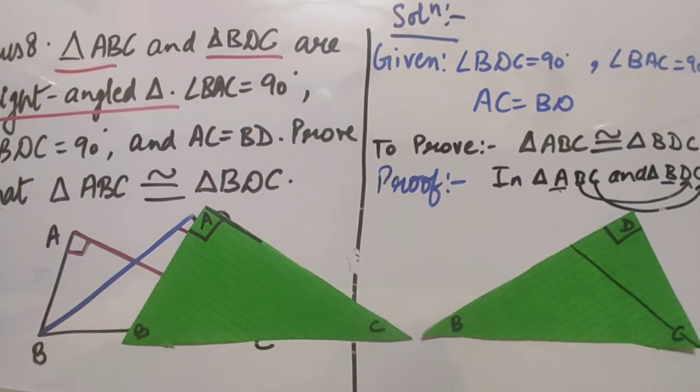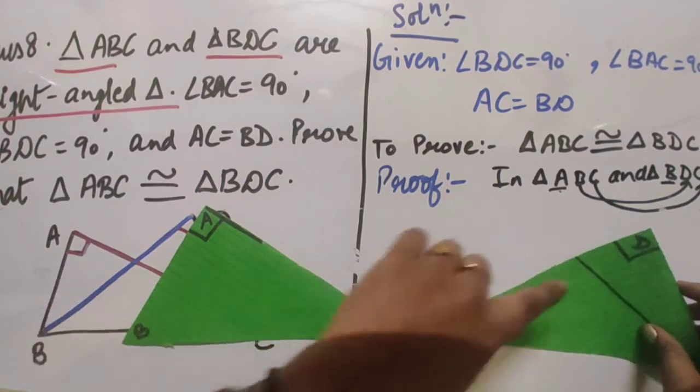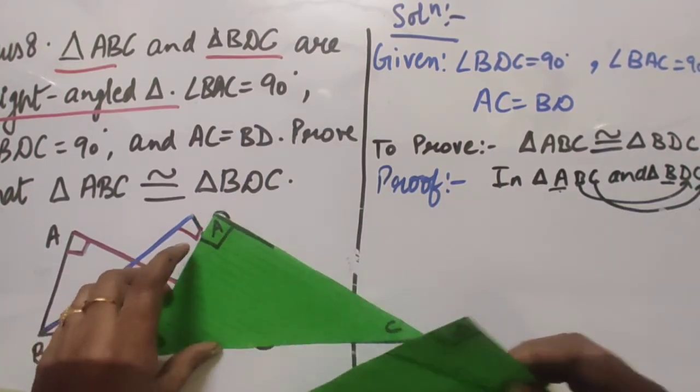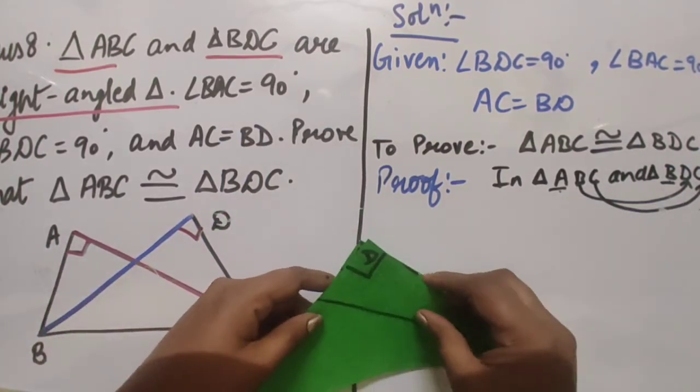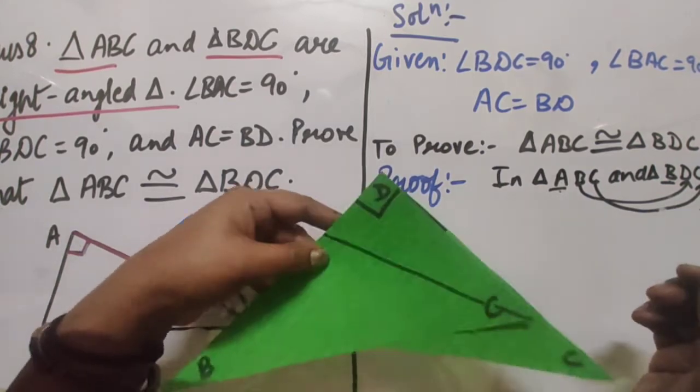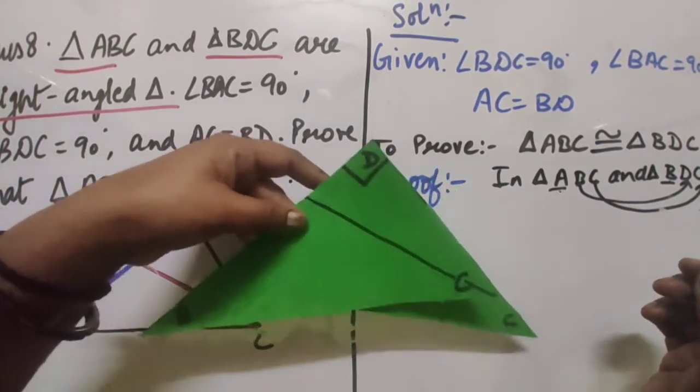Now if I place one triangle onto the other, or superimpose one triangle onto the other, I have to see which is the perfect way of putting them. So 90-90, this is the easiest way of doing this, 90-90. But this is not the correct way, you can see here clearly.